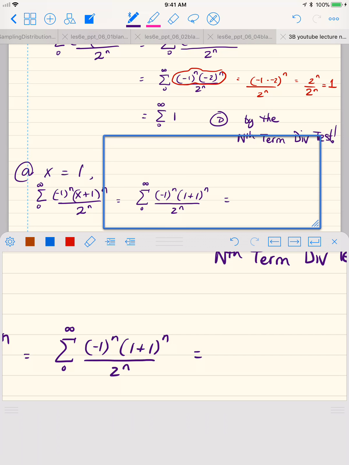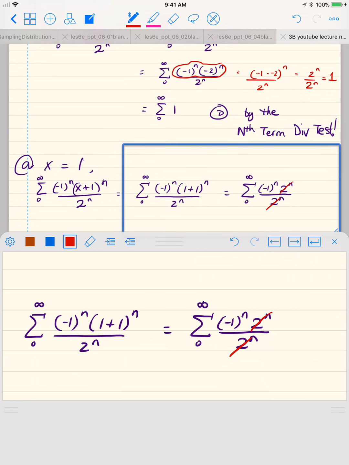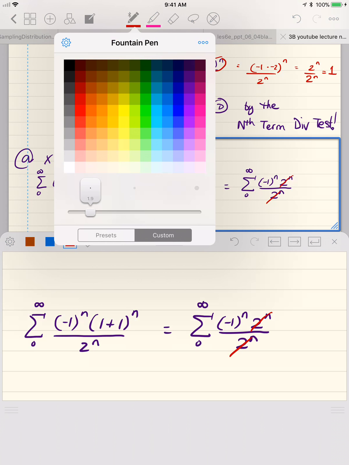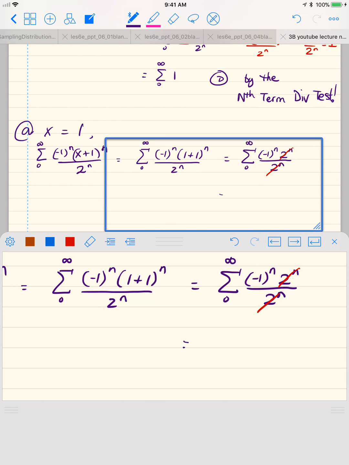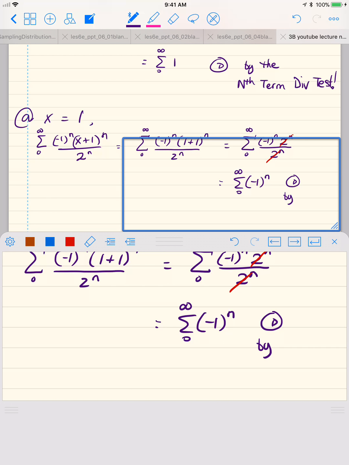So this is going to be the sum from 0 to infinity, -1 to the n, 2 to the n over 2 to the n, and the 2 to the n's cancel out, so we just get that this series is equal to the sum from 0 to infinity of just -1 to the n. And does this converge or diverge? It diverges by the nth term divergence test.